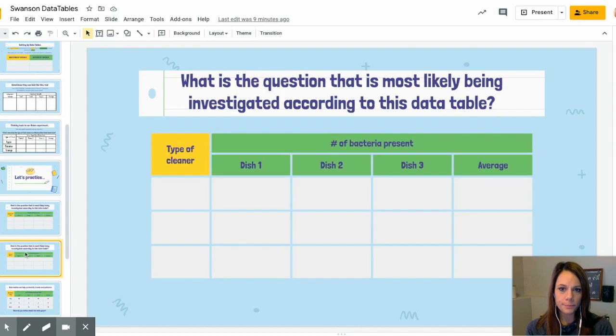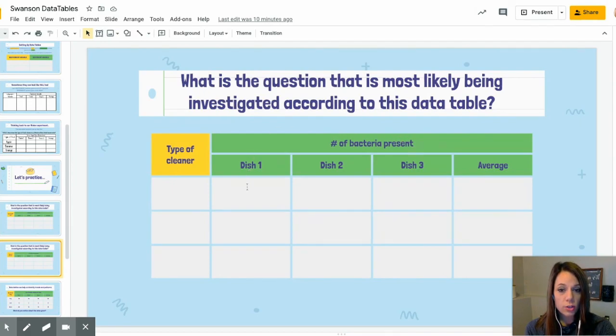How about this one? What question is being investigated here? Think about it. Again, we know that this is going to be our independent variable because it's on the left. This is our dependent, what's being measured. I would say most likely the question being investigated is, does the type of cleaner, it looks like there's going to be 3 different types of cleaners because we've got 3 boxes, affect the number of bacteria present?